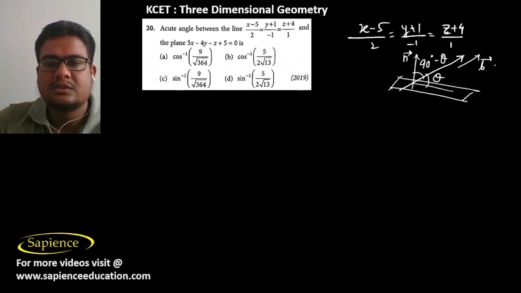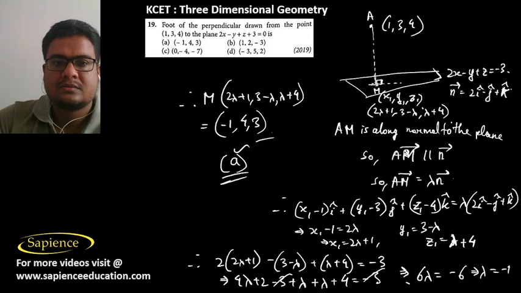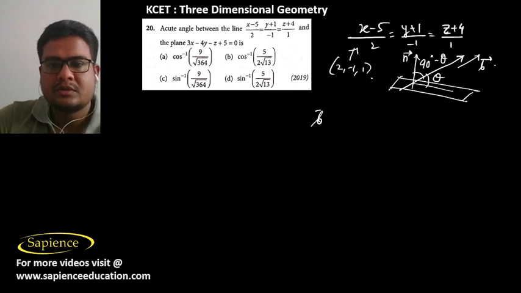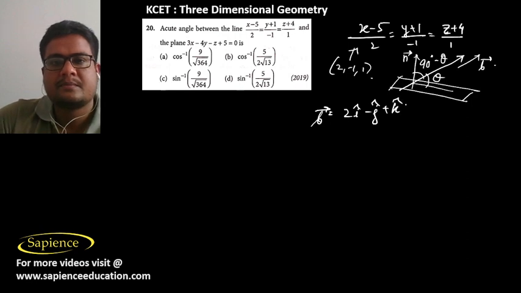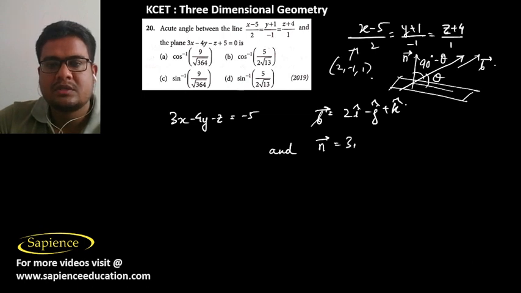The direction ratios of this line are 2, minus 1 and 1. So the b vector can be written as 2i cap minus j cap plus k cap, and the normal vector to the plane, which is 3x minus 4y minus z equals minus 5, that means 3i cap minus 4j cap minus k cap.